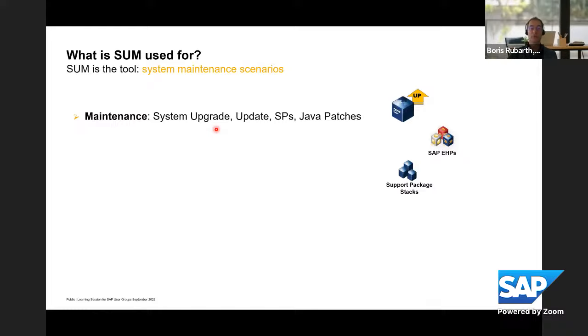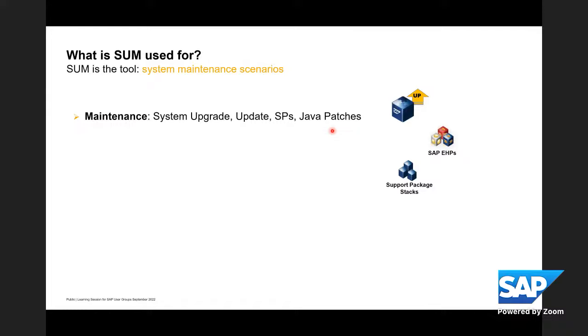It's also the tool for updates and support package stacks here. So updating, implementing support packages or enhancement packages in the classical world. It's also the tool to apply Java patches. As we have seen, it's a tool for ABAP and for potential Java systems, so Java patches can be applied with the tool as well.